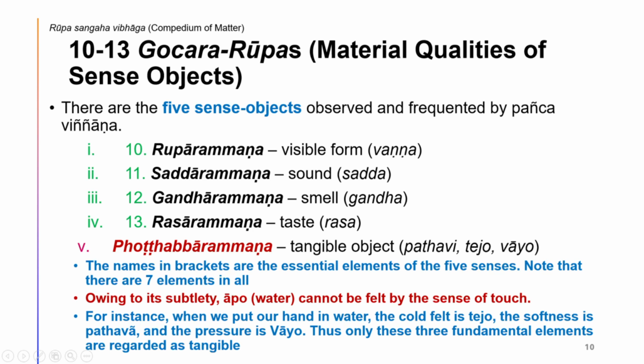Exclude the tangible object. Okay? So remember 4 essentials, then 5 faculties, and then the 4 sense objects. Right? This is the way to remember, to recall all the 28 of them. Sometimes a question does come out asking you to name all the 28. Then good, you can name all 28, full marks.